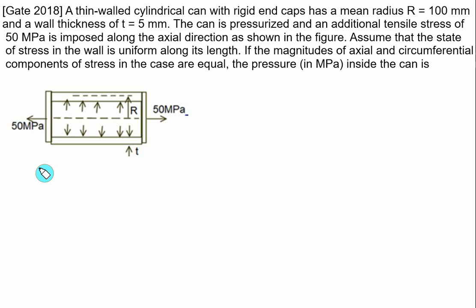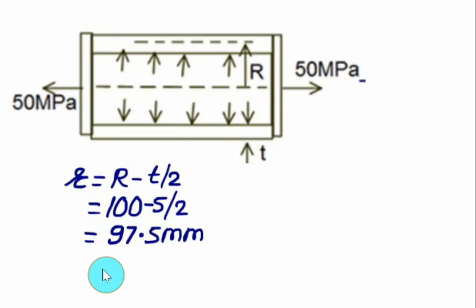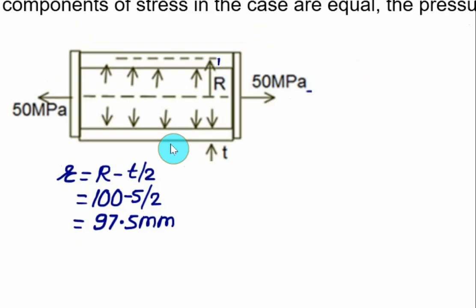So inner radius r will be equal to capital R minus T by 2. We have capital R equal to 100, and thickness 5 divided by 2, that is, 100 minus 2.5 is 97.5 mm. Here this small value is T by 2.